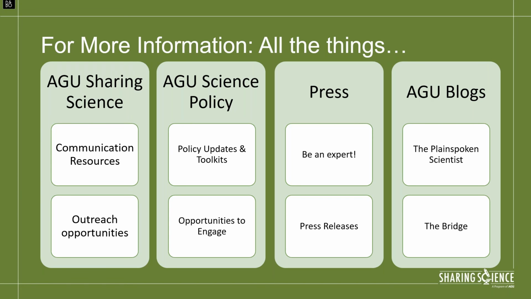And actually, we just did a webinar about this a couple weeks ago, which is on our website. But if you're on social media, if you're on Twitter, we actually highlight some on our account under the hashtag SciSummary.